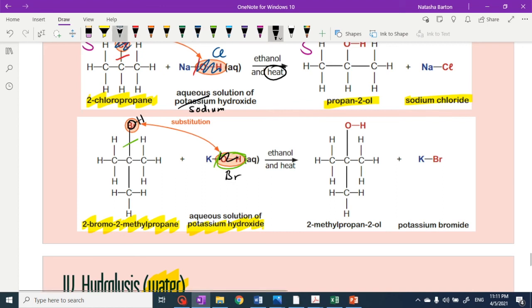In the end, we have the formation of an alcohol and potassium bromide, which is our salt. And this again is a substitution reaction, specifically hydrolysis involving a strong base, because we start off with something saturated and end off with something saturated as well.